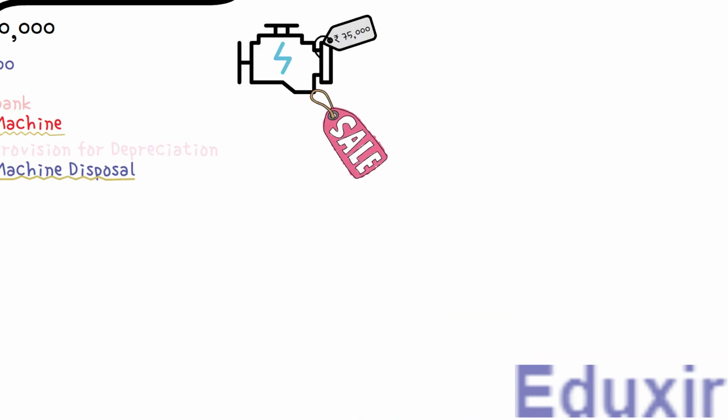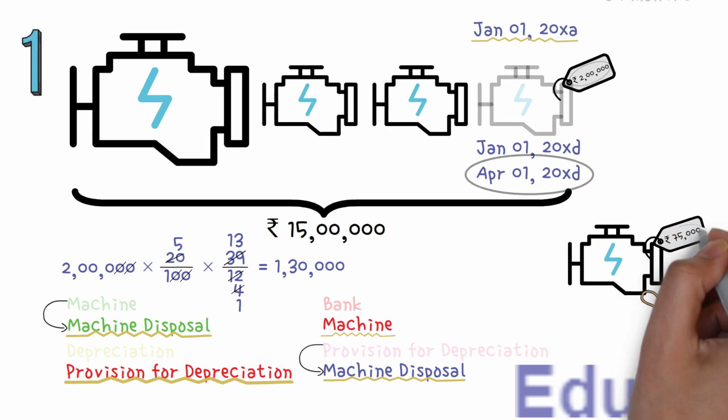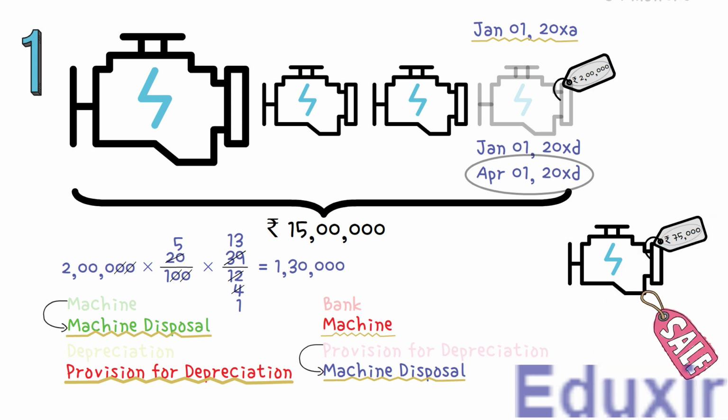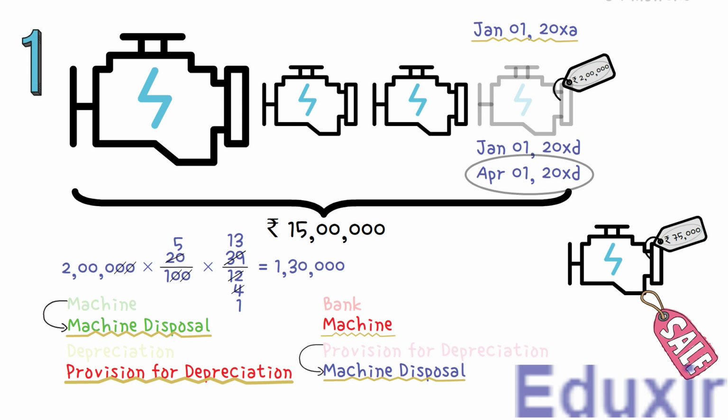Let's now proceed with the transaction related to selling of this machine. Now this machine is sold for 75,000 rupees. Recall that this sold out machine is now part of the machine disposal account, as we have transferred this machine from the machine account to the machine disposal account. Now when a machine is sold out, the machine asset available with the business will be decreasing, and hence we should credit the corresponding asset account.